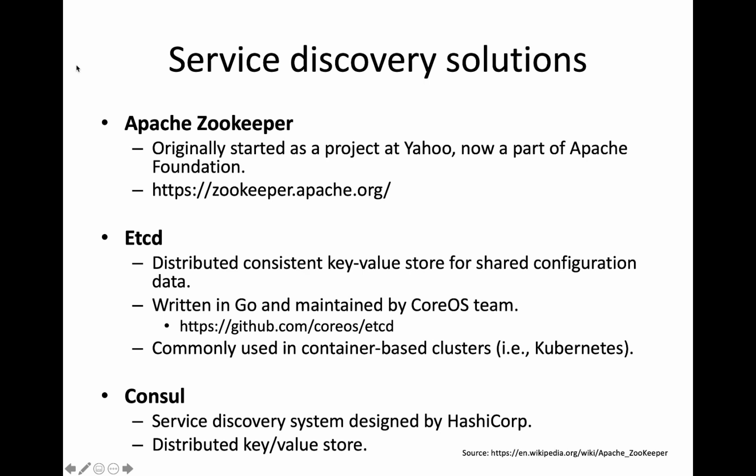They wrote it in the Go programming language, and you'll commonly find etcd used in container cluster platforms like Kubernetes. We also have Consul. Consul was designed by HashiCorp. It's leveraged as a service discovery system, and it's also used quite heavily as a key value store.